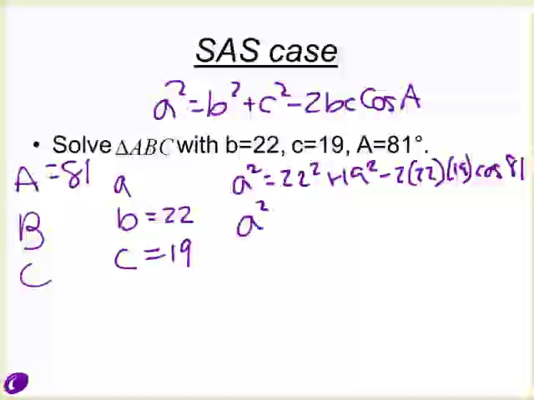And when I do that, that gives me about 714 point some stuff, which would seem like kind of a crazy answer for a side of the triangle there. And that's because it's not our final answer. We still have to take our square root to get down to our final answer. So taking the square root of that last answer gives us about 26.7.